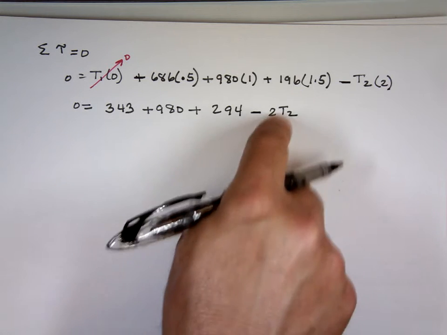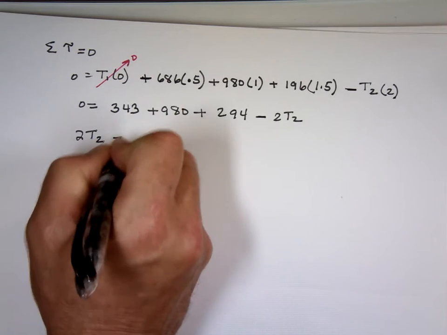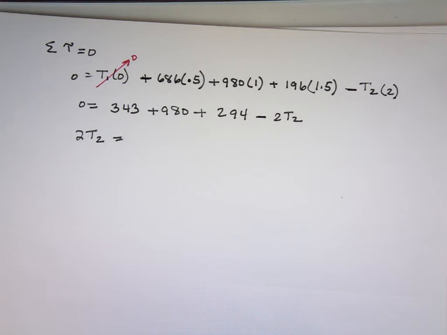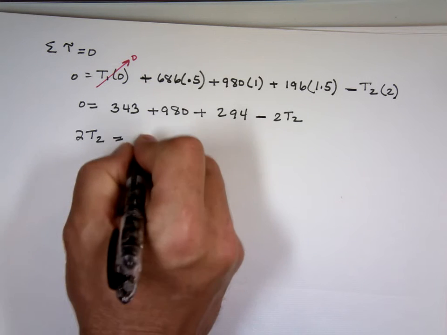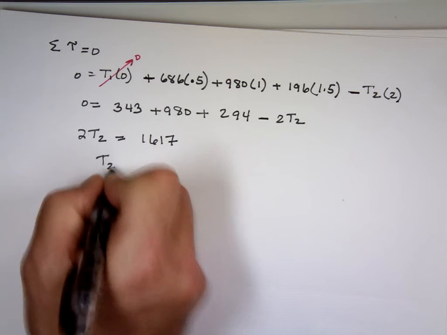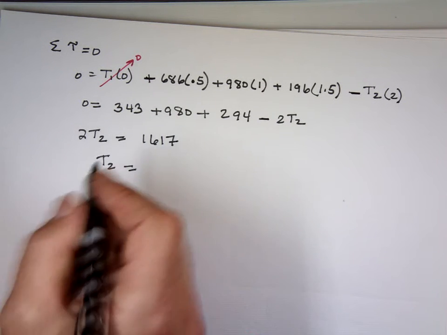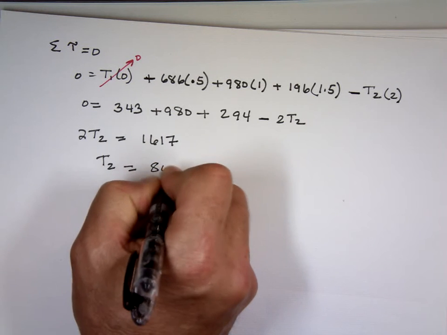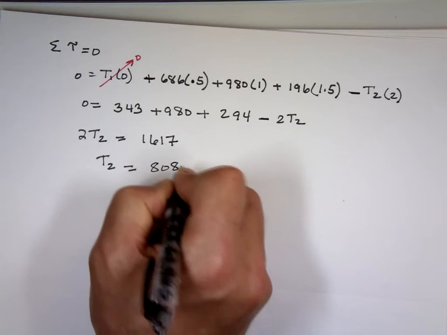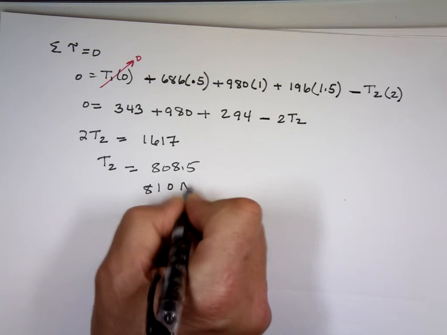Move this one to this side. 1,617 equals 2T2. What's T2 equal to? Divide that by 2. 808.5, which is 810 Newton, 2 significant digits.